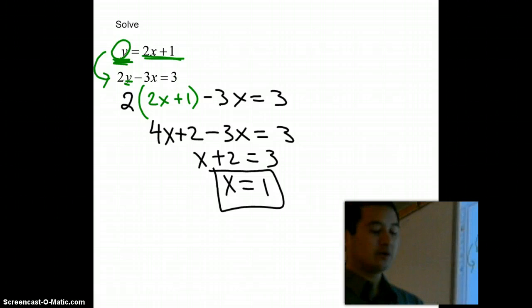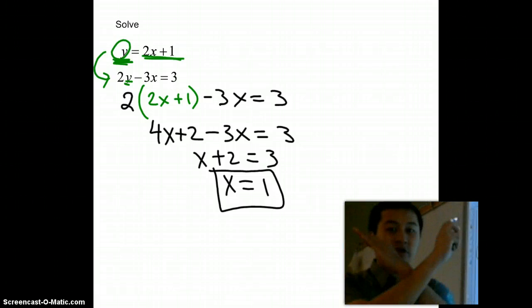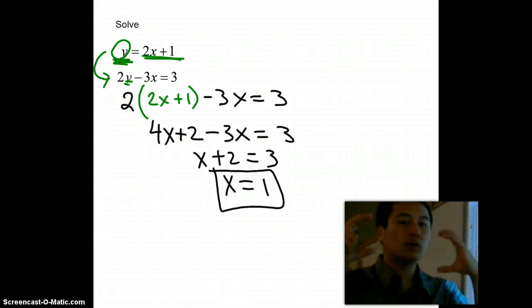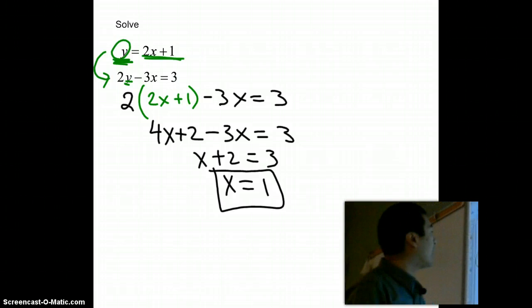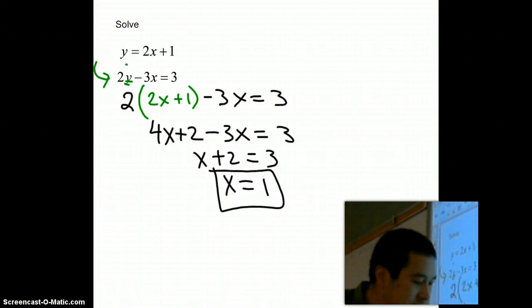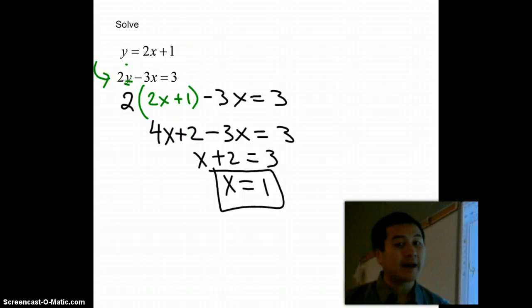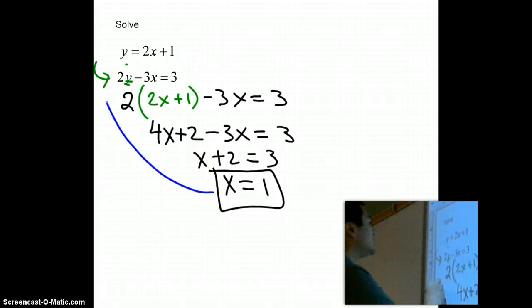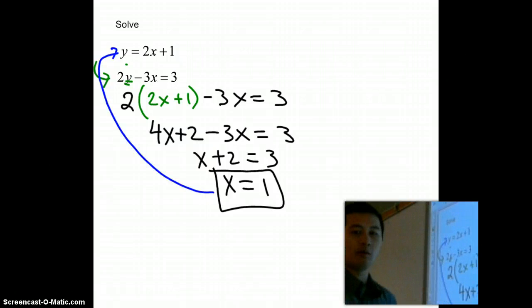Now, what am I really finding? Remember, I'm finding where 2 lines cross. So this is not my answer. My answer is actually a point, x and y. I found the x, so how do I find my y? I'm going to take this answer and plug it into one of these equations. Does it matter which one? No. I suggest plugging it into the isolated variable, this one right here, because it's already solved for y.